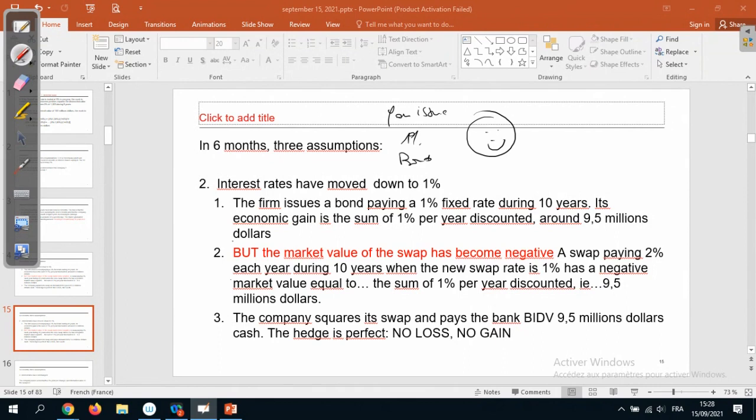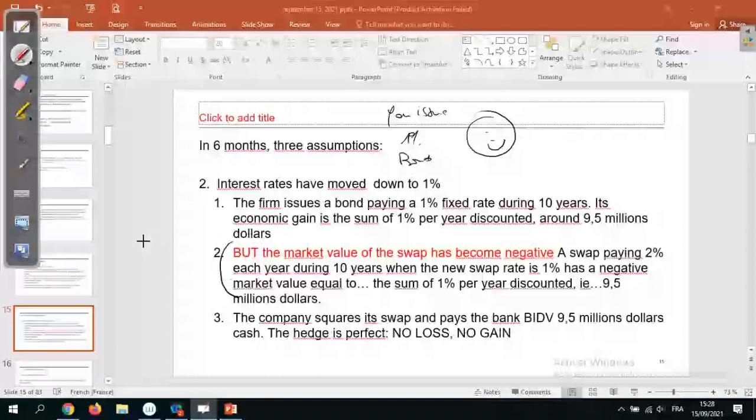But you have a swap paying 2%, receiving 6 months. The new swap pays only 1% and receives the same thing, variable rate. So if you want to sell your swap, nobody will buy it. Nobody will buy a swap from you paying 2%.